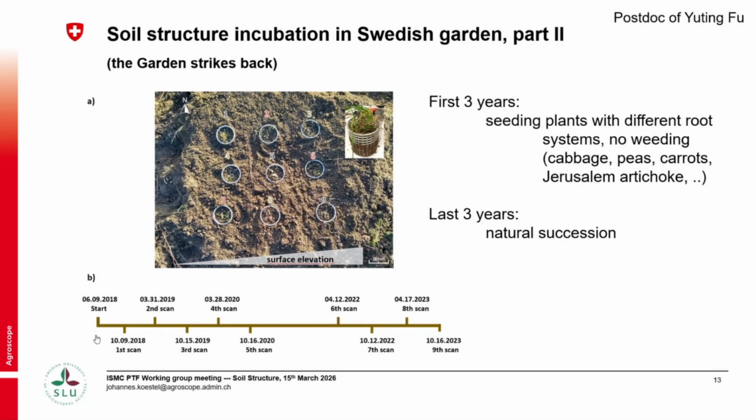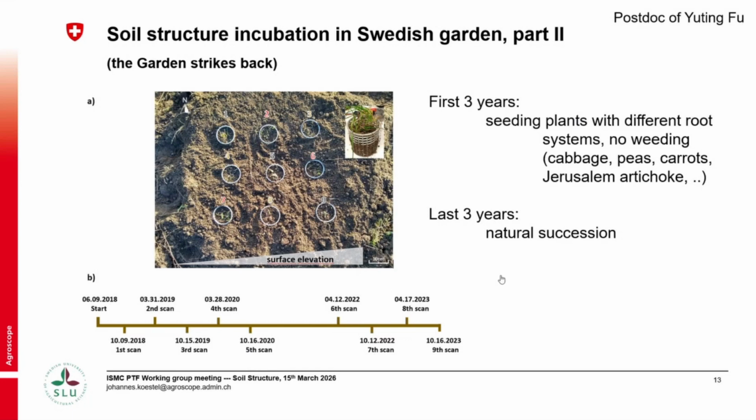Then every half a year a scan was taken, actually even during Corona, but not the year after, because, Nick will probably remember, there was a long time where the scanner was not working in Uppsala. So basically the last 4 scans I did when I was visiting Uppsala.